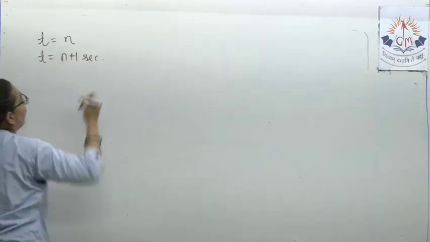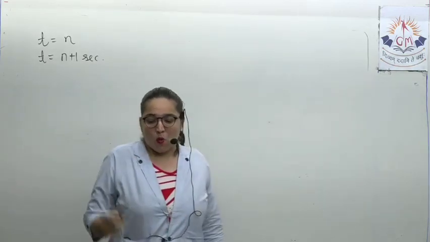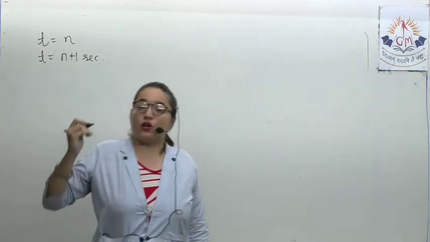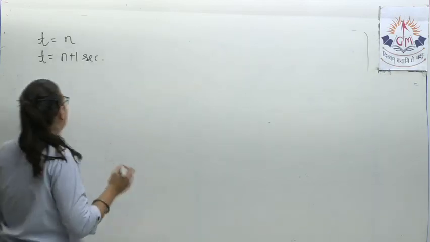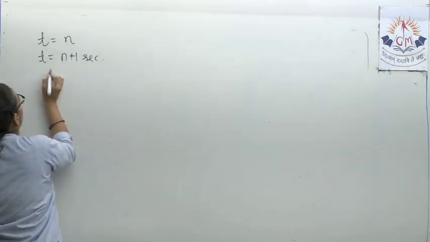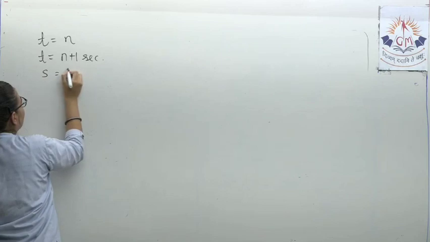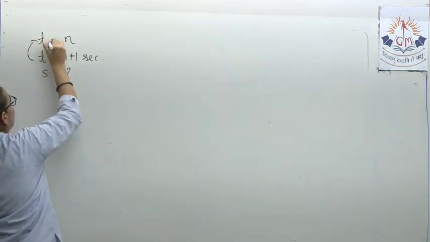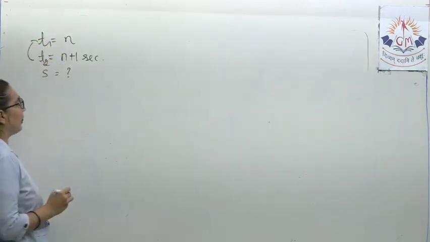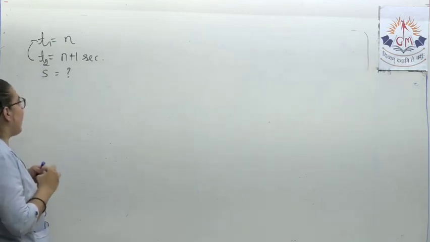If 1 second is increasing when the object is moving with uniform acceleration, then you have to find out what will be the distance traveled in these two intervals of time, t1 and t2. Try to understand the question.